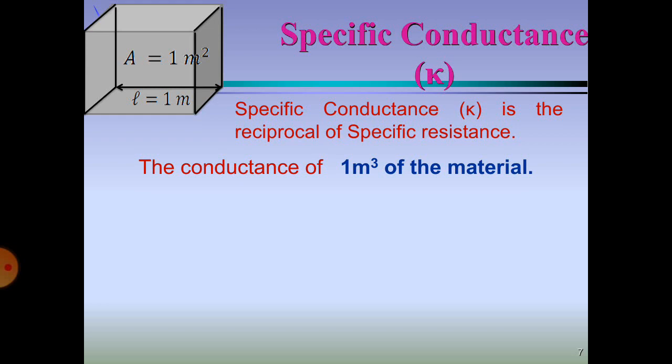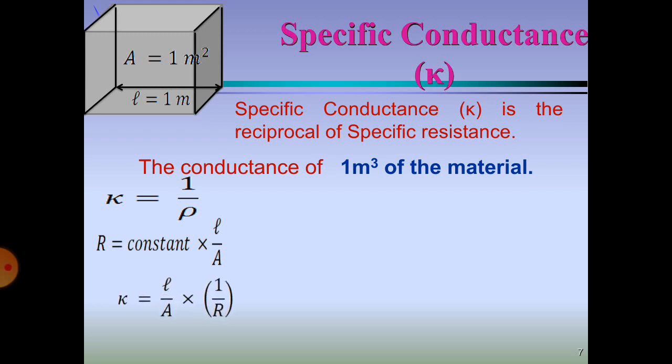To derive the unit for kappa, we know that kappa is equal to 1 by rho. R is equal to rho into L by A, which we have already defined in electrical resistance, and we substitute here instead of rho. Therefore, kappa is equal to L by A into 1 by R. What is that 1 by R? 1 by R is the conductance.